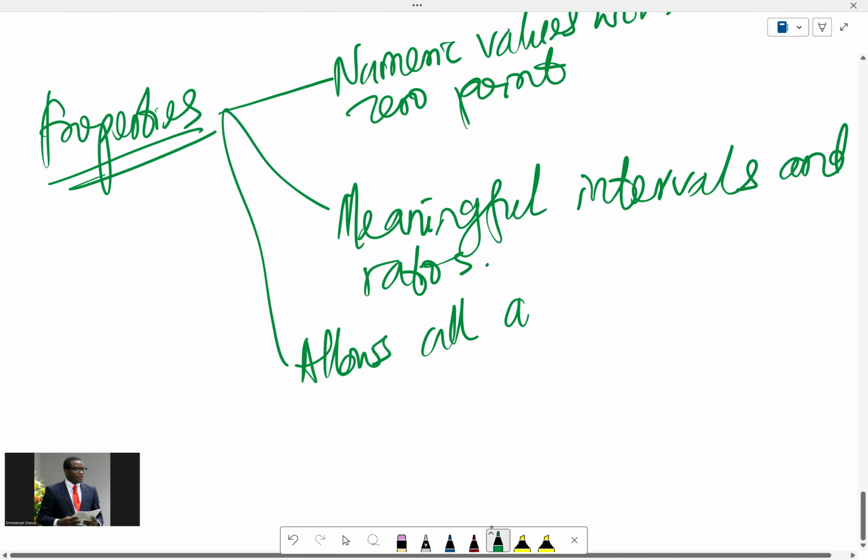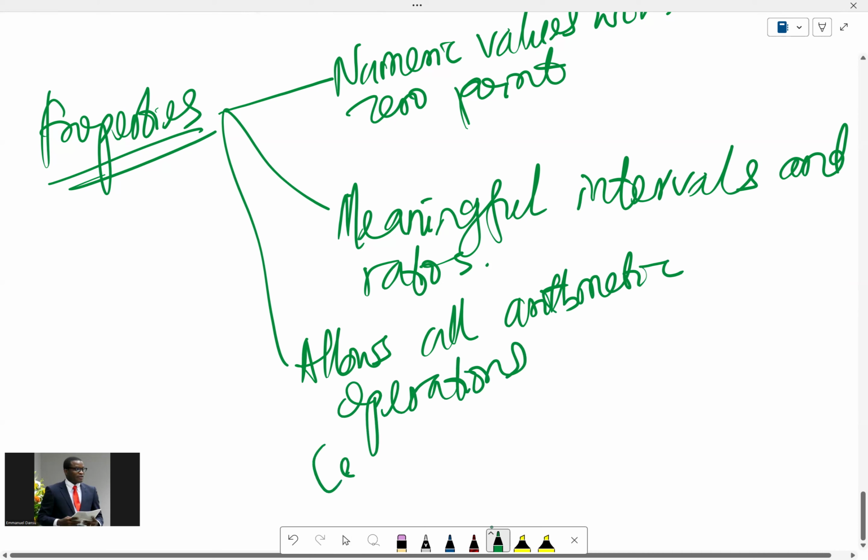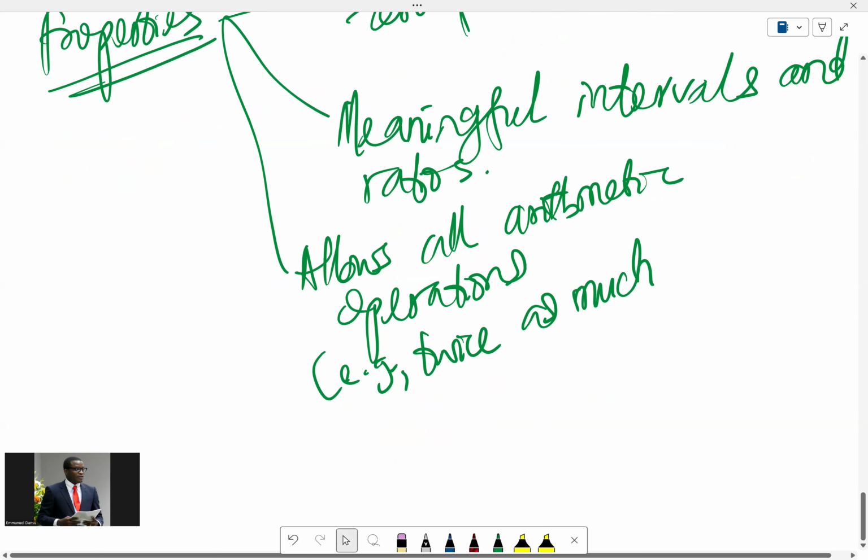It allows all arithmetic operations, e.g., twice as much. So you can have twice as much of something, or half as much.